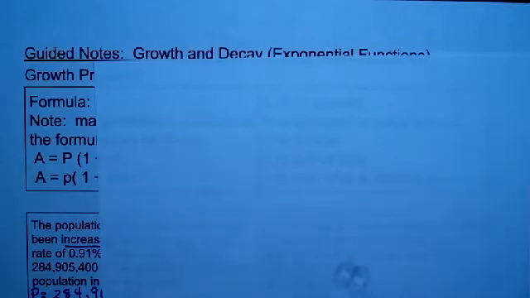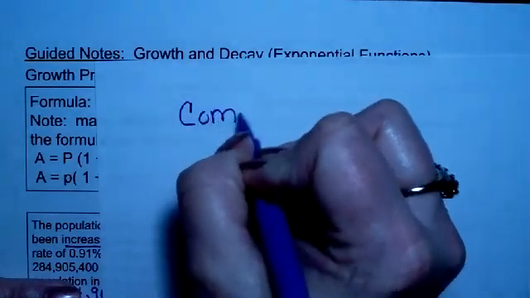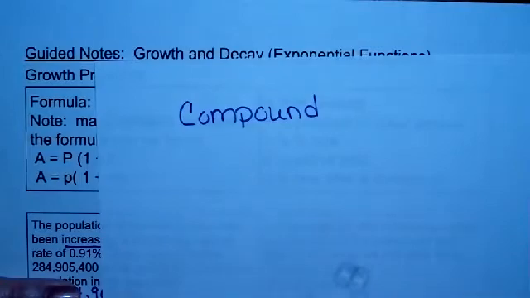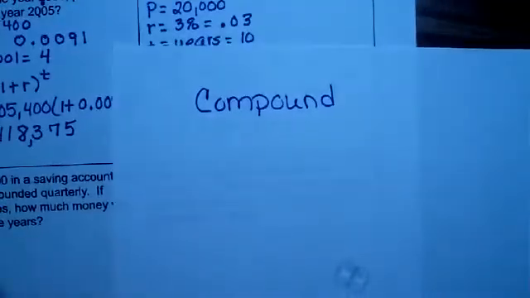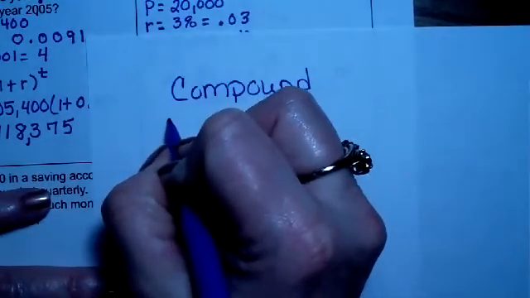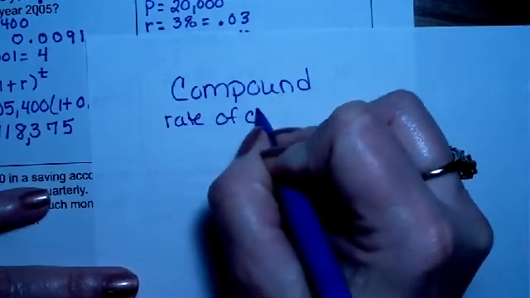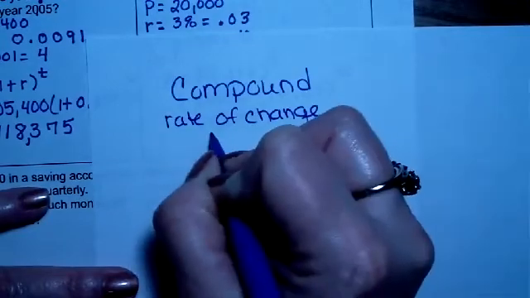Okay? Now, compound means a little bit different than what you think about in science or chemistry. In these types of problem, compound means that your rate of change is split up into pieces.